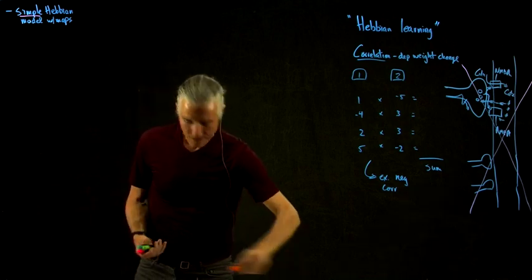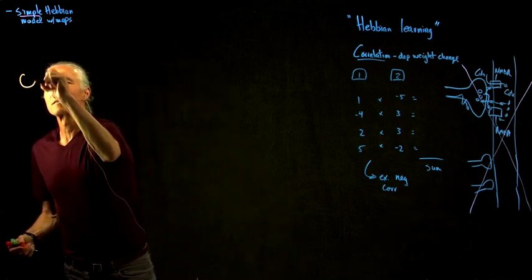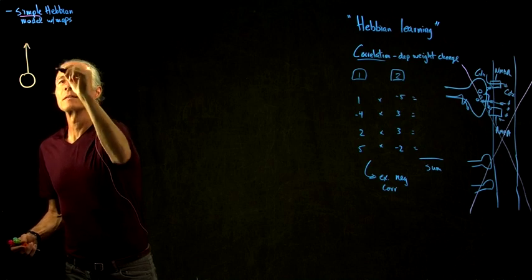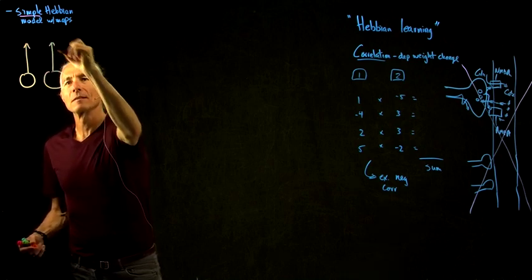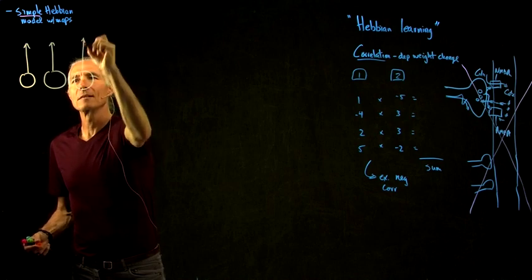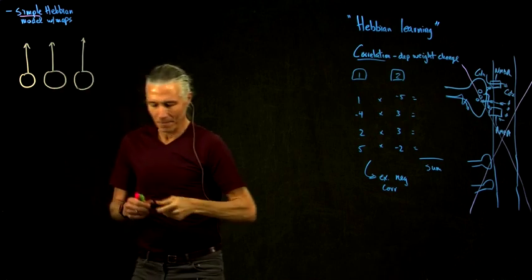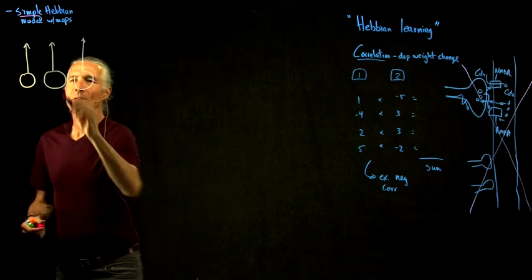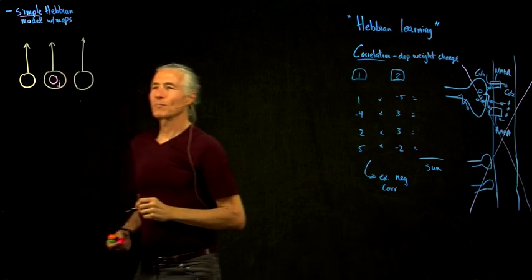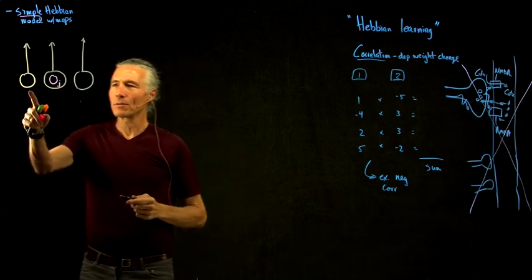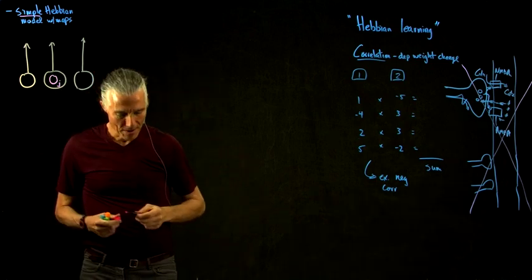So here's some units. There's their output. And here's another guy. And we're just going to look at just one of these. And so this is the jth unit. So that's output j. So there's a whole bunch of output units, but we're just looking at one.